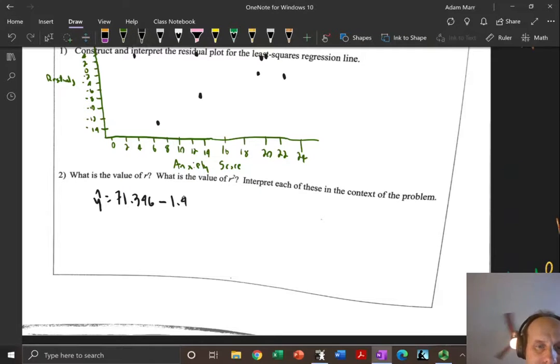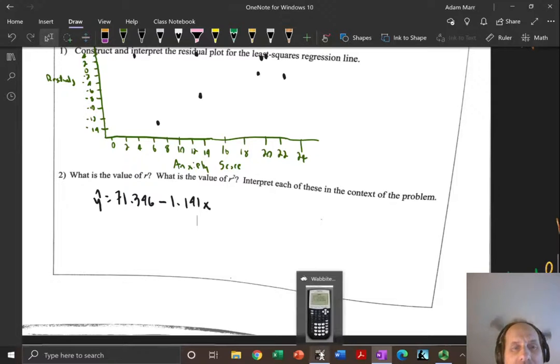Sorry. Okay, make sure you put it right here. So that's the regression equation. I'm sorry, it didn't even ask for that. The next one is going to ask for that. Anyway, at least you know how to do that now.